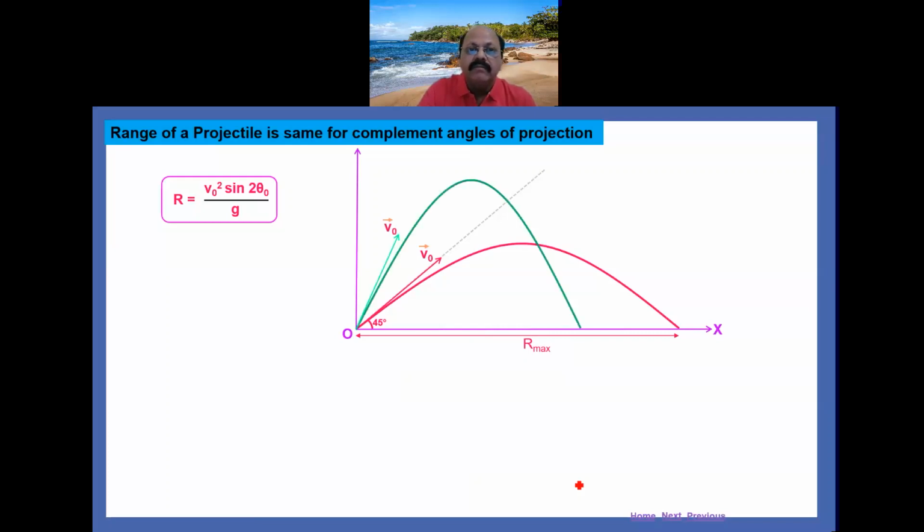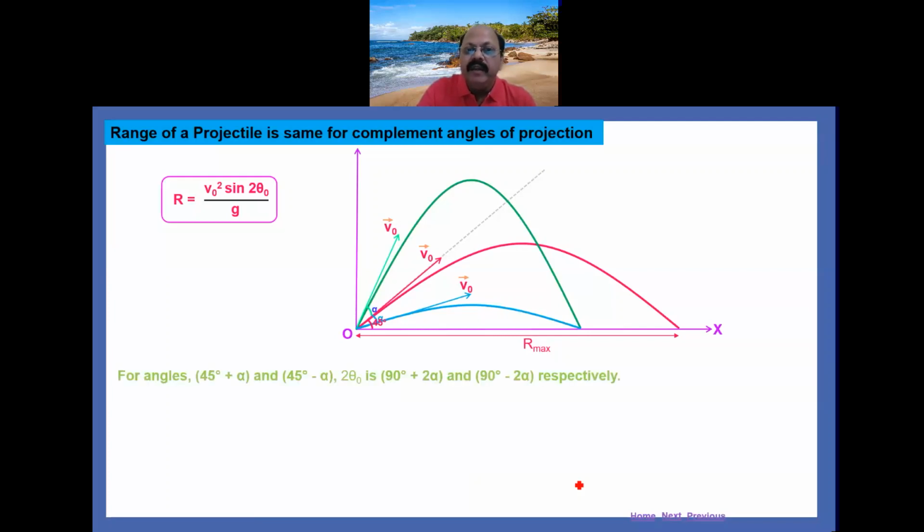Now we project the projectile at an angle other than 45 degree, say by an angle alpha with velocity V naught. Then the path is given by the green color, and similarly with another angle alpha and projected with velocity V naught.